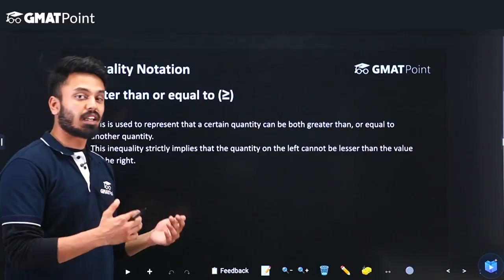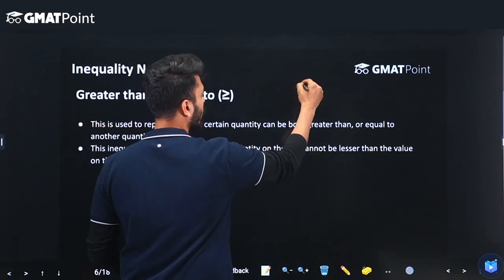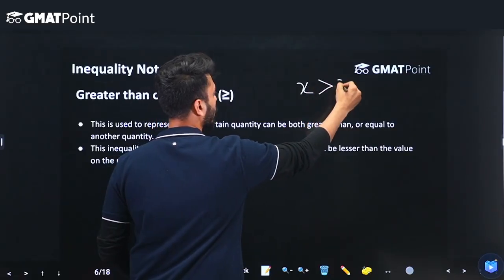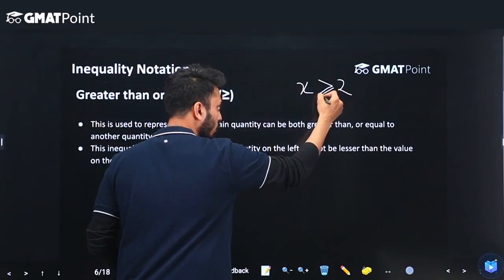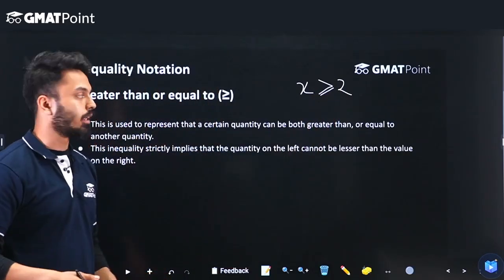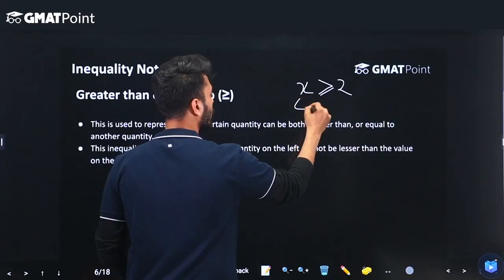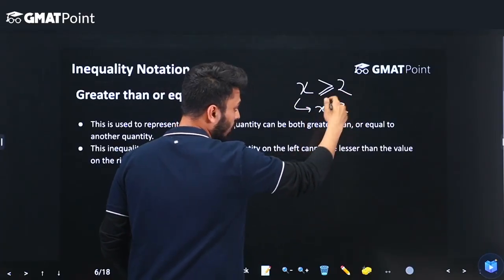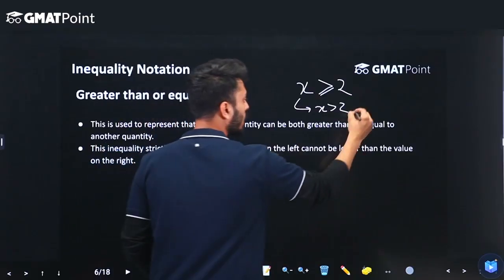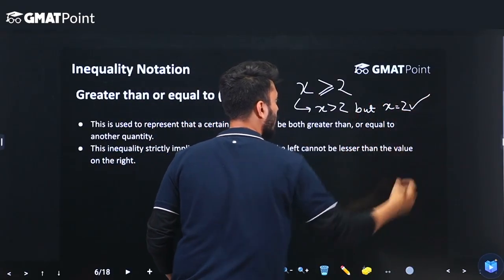The next one is greater than or equal to. Now the way to think of this is that in greater than, we said that the value on the left cannot even be equal to the value on the right. In this case, it does allow an equality to the value on the right, and this is the notation for it. What this basically means is that in the case of x greater than or equal to 2, whatever your allowed values were before, this time x equal to 2 is actually allowed as well.